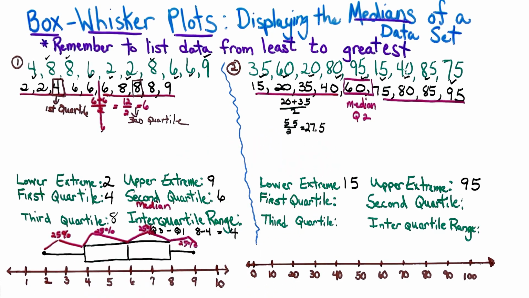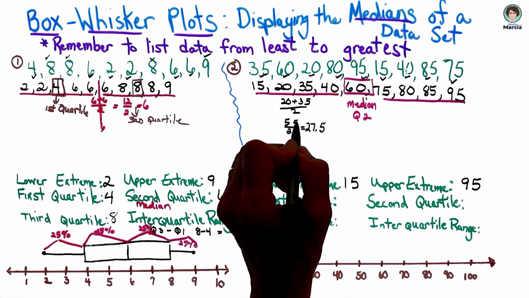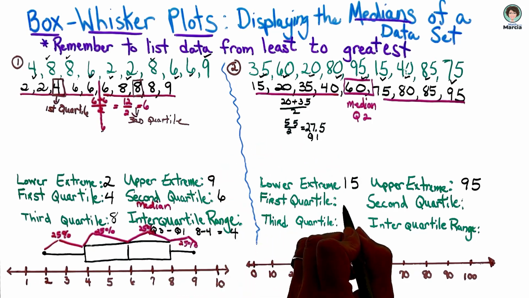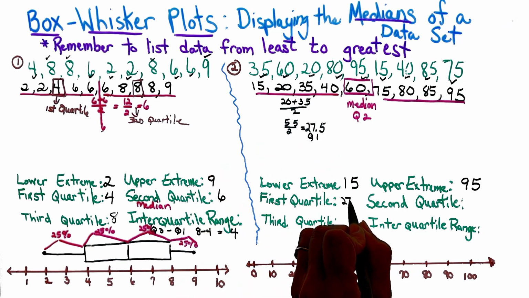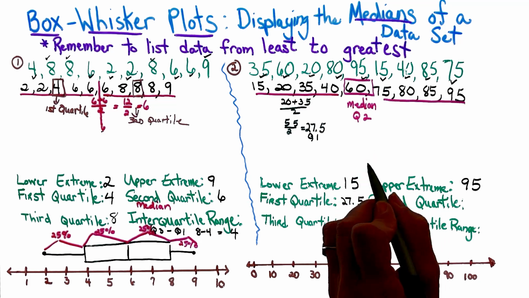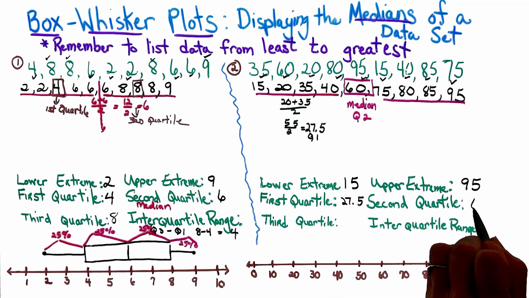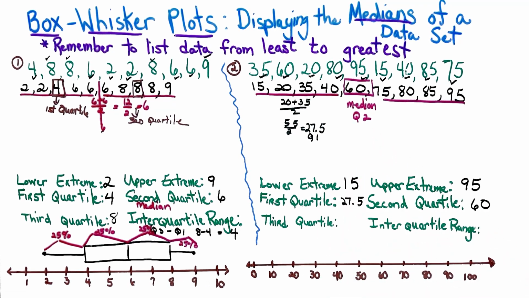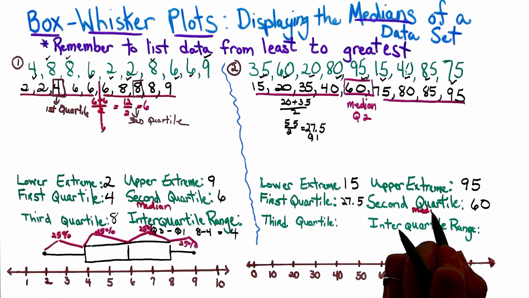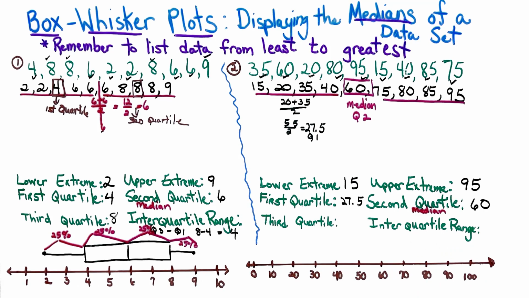It has a decimal to it, and that's okay. So this is our Q1, our first quartile, 27.5. The median, again, was our second quartile, and that was a 60. So let's make sure that we do have it written there. Second quartile is our big median. That's where we always start making our box and whisker plots.